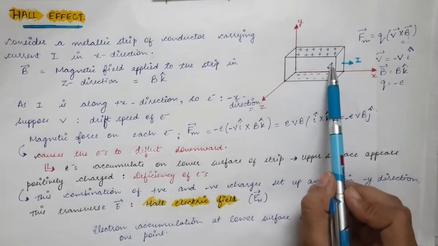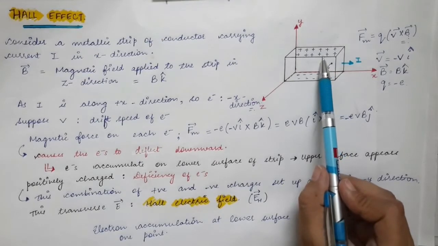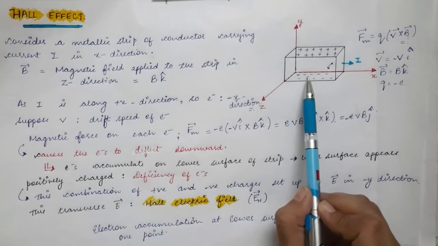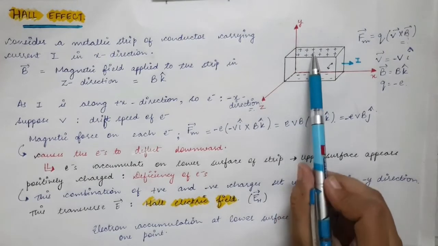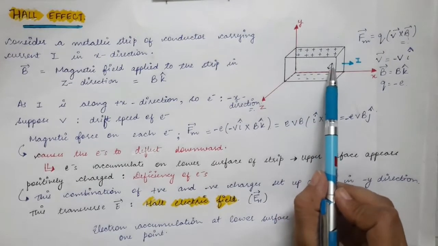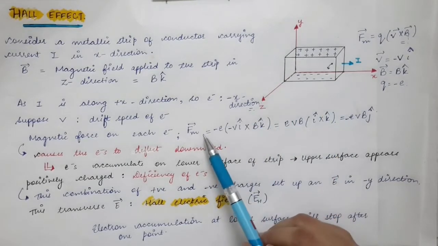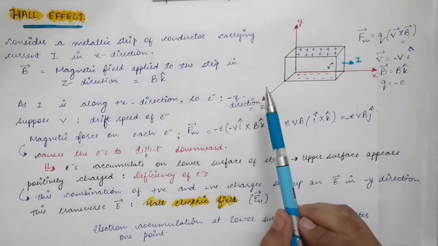These electrons are pushed in the upward direction due to the electric field, plus they are pushed in the downward direction due to the magnetic force. So there are two forces which are acting.